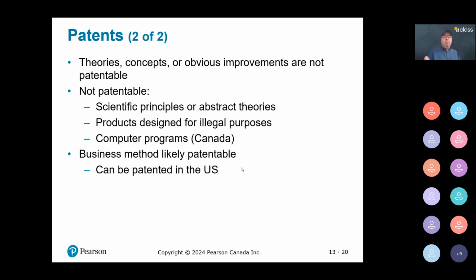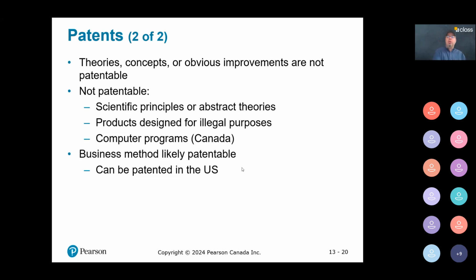And Amazon applied for this business method patent in the US. It was granted. Remember that it is only national, it's not international. So Amazon came to Canada and applied here too. But here in Canada, that application was denied, because the Patent Act said that business methods cannot be patented.